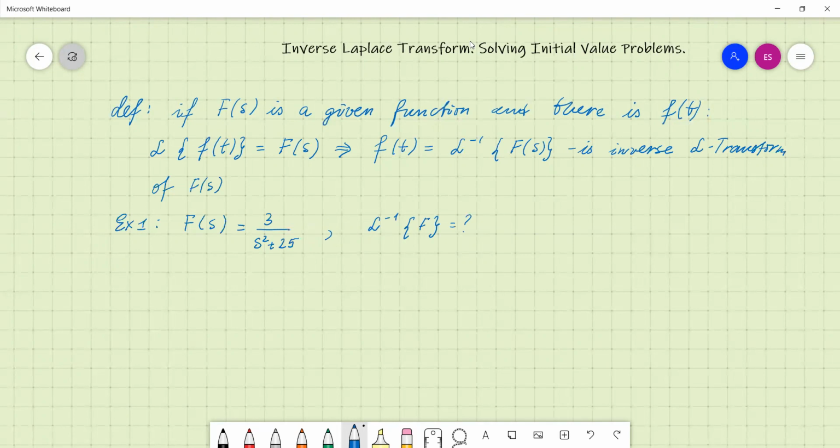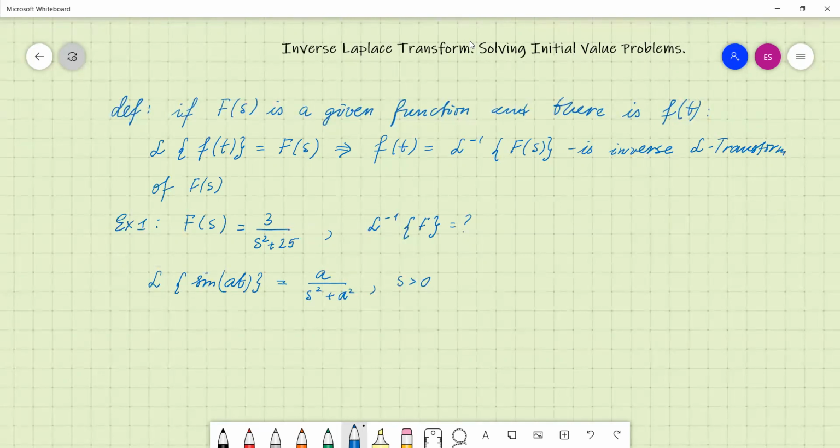Well, what do we know? We know that the Laplace transform of sine of at, where a is just a real number, is equal to a over s squared plus a squared, and of course s greater than 0.